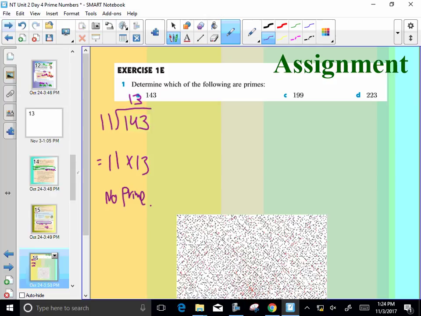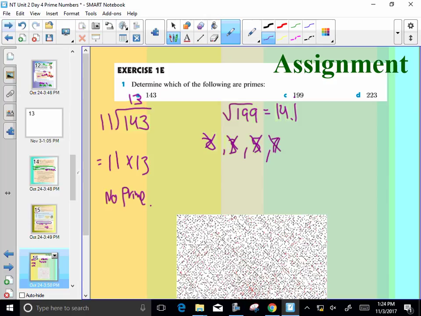Tell me what the square root of 199 is. I need your help. 14.1. Okay. So let's try 2. Does that work? How about 3? No. How about 5? No way. 7?